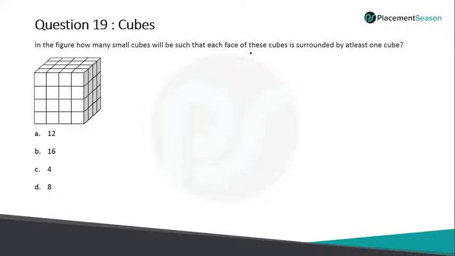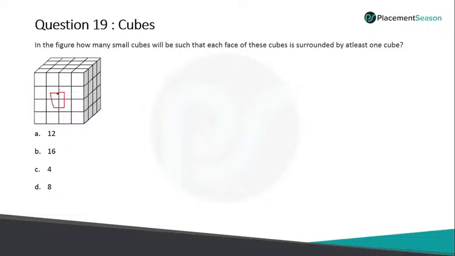So each face should be covered. The outer cubes are exposed to the outside, right? So all faces of these cubes will not be covered. Which cubes will be covered on all the faces? The cubes in between the cubes. So in between means only these 4 cubes on this side.